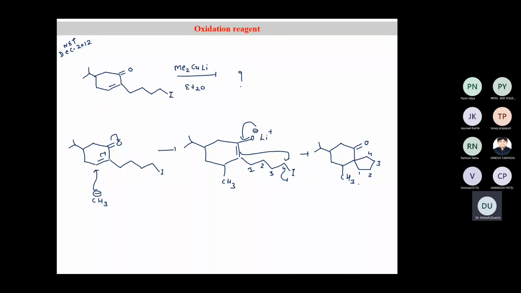So the internal reaction which is taking place, this becomes the major product. So this is how Gilman reagent works. These are important applications of Gilman reagent.